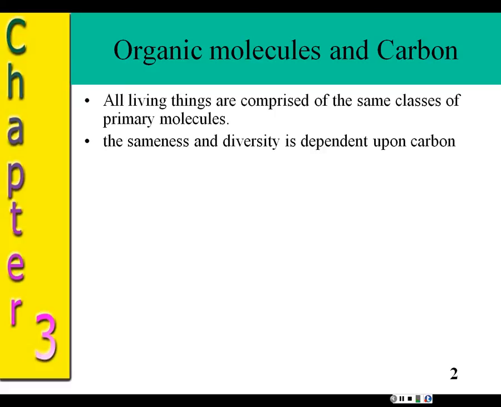Whether it's the carbohydrate molecules in a bacteria versus the carbohydrate molecules in an animal, their sameness and their diversity all depend upon carbon. Every one of these molecules that we consider to be living material is composed of carbon.